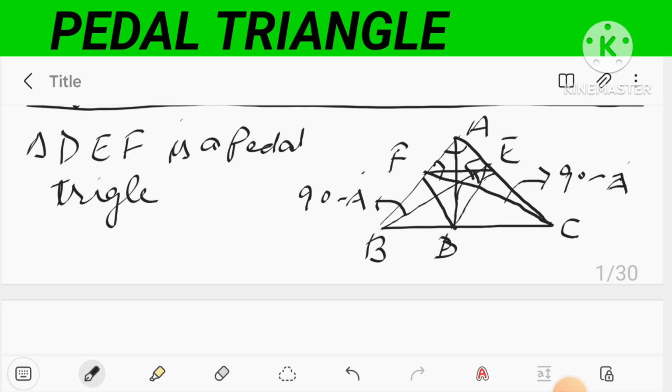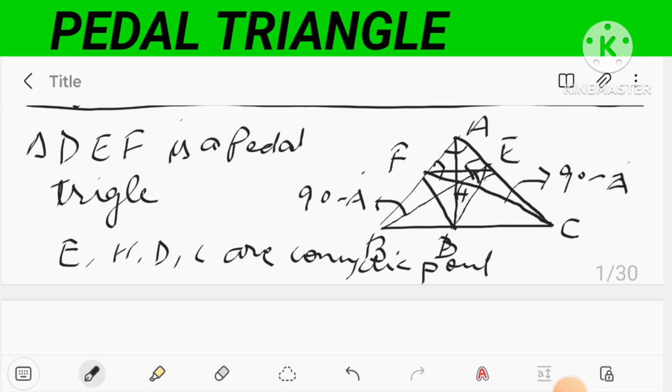Here H is the orthocenter. We know that E, H, D, C are concyclic points.